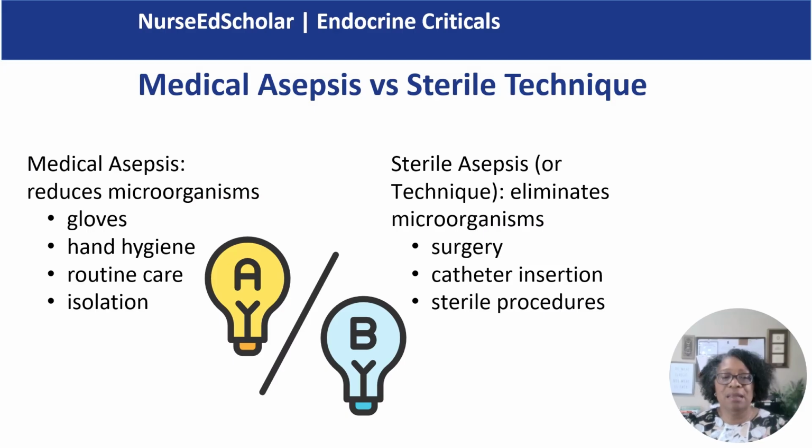Sterile asepsis, or sterile technique, means that no microorganisms are present, and it's much stricter. Examples are inserting a central line, surgery, inserting a urinary catheter, and sterile dressing changes.